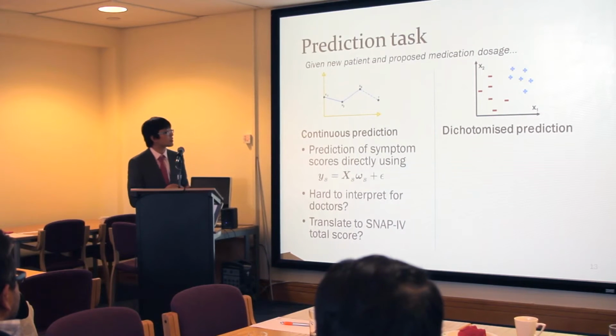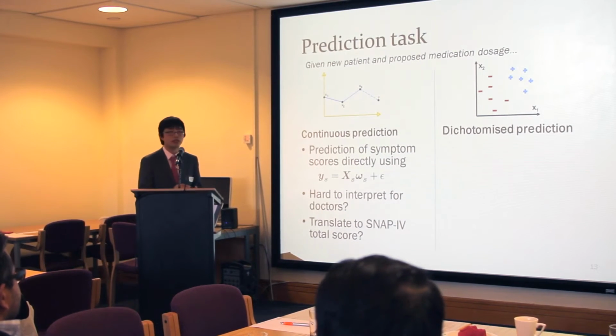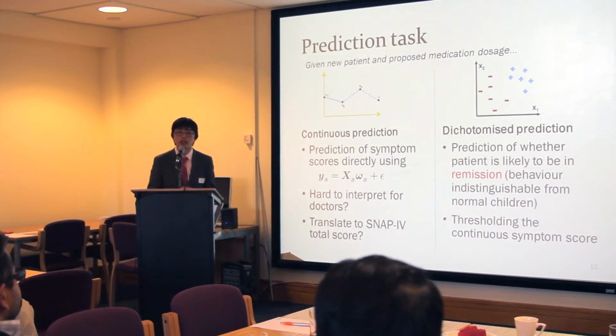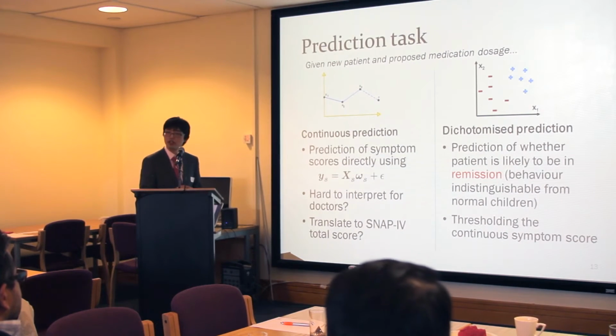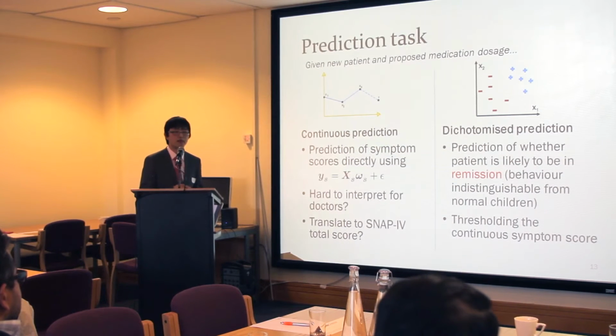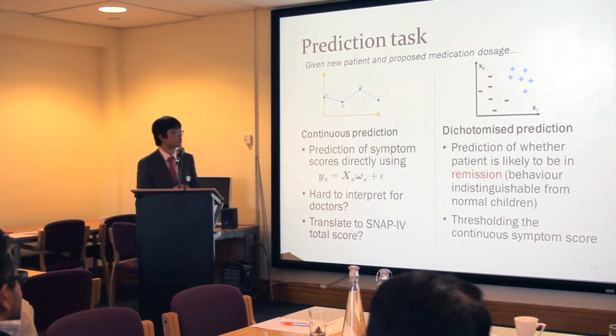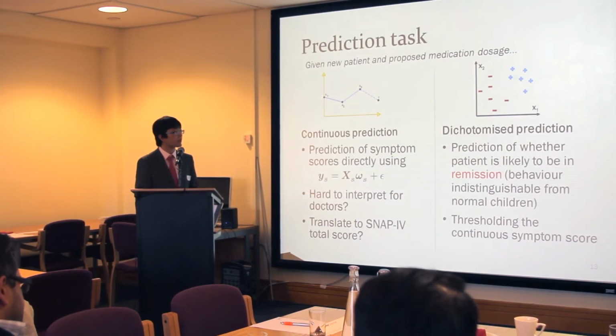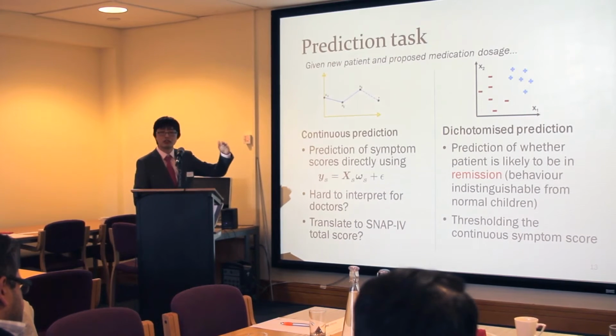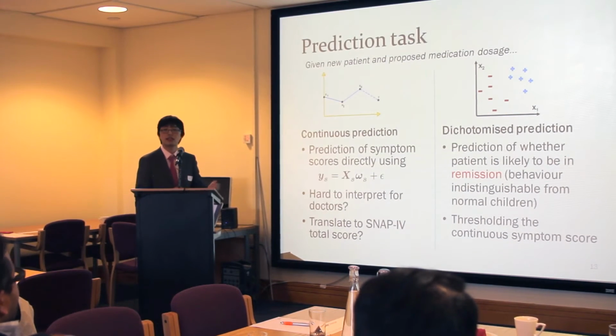Or we can do something simpler called dichotomized prediction. This is simply to predict whether the child is likely to be in remission. Remission means their behavior is indistinguishable from normal children. And this is performed by just thresholding the continuous score I have, and if it's below a certain threshold, then I say this patient has recovered.